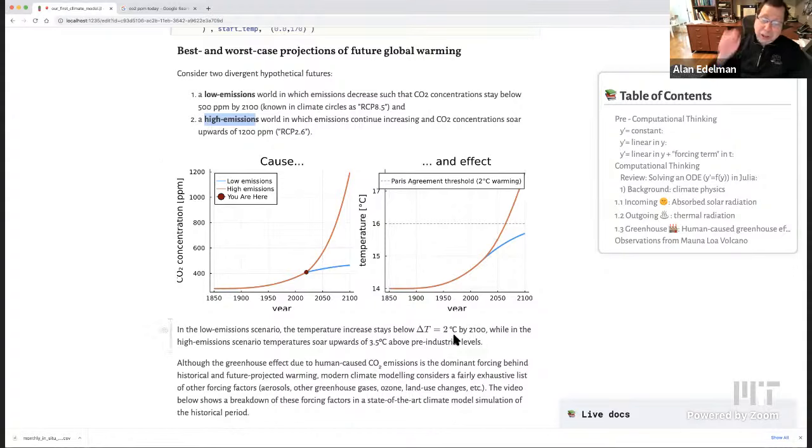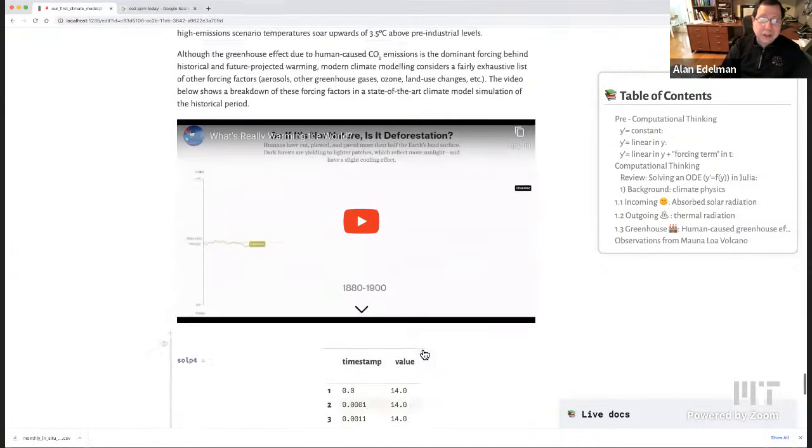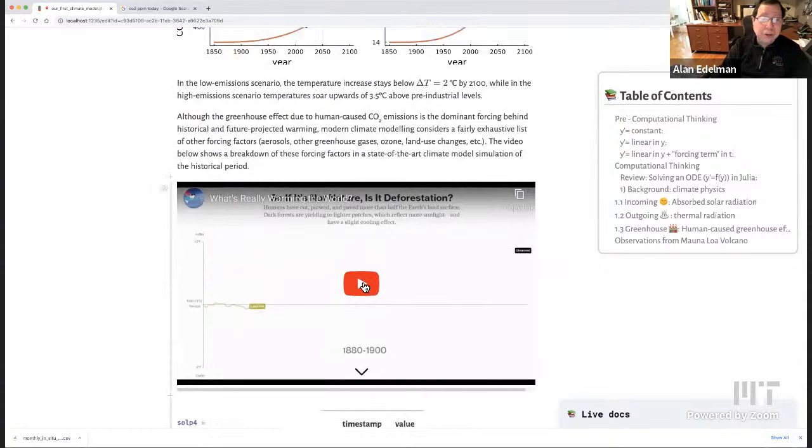So you have the ability to run these models by yourselves. Everything you need to know in terms of a basic zeroth order model is all right here. There's a couple of other things that you might want to look at, like this nice little video about what's really warming the Earth.